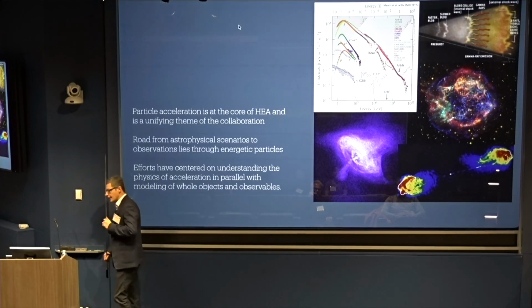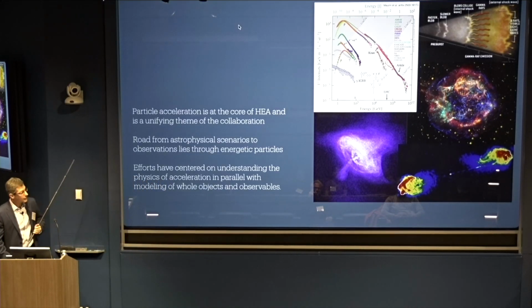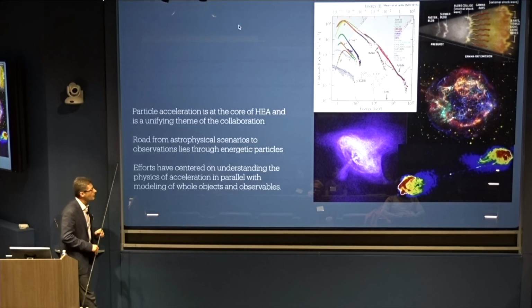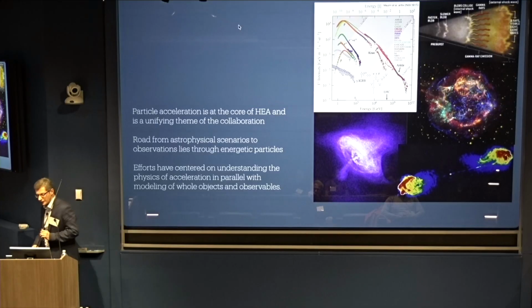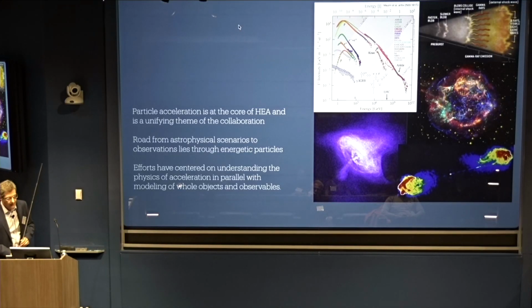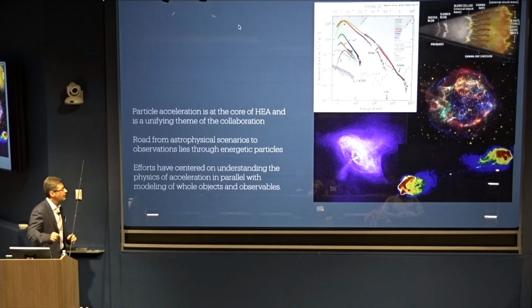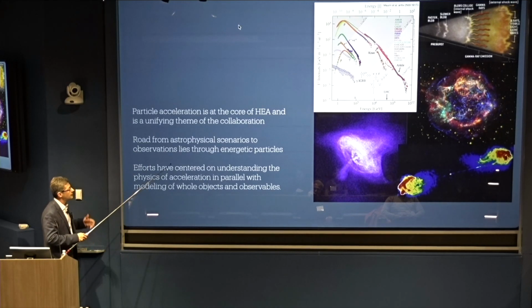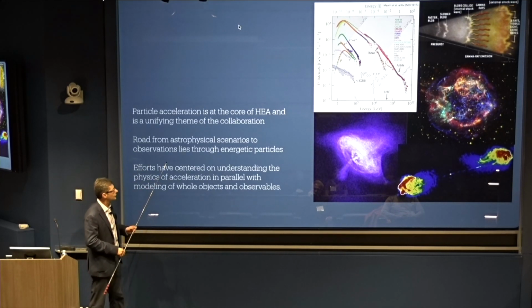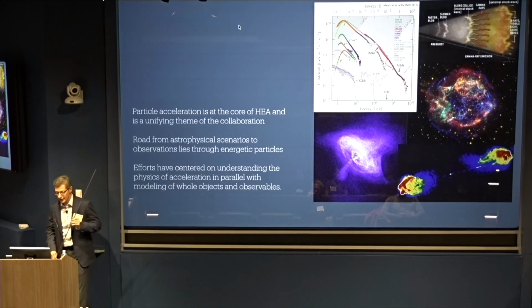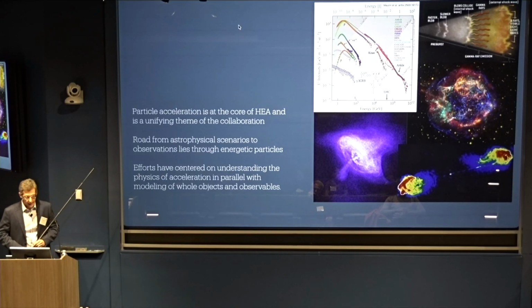And of course, extreme events like a gamma ray burst bring us a lot of high-energy photons. So something over there is accelerating particles quite efficiently, and the road from scenarios to observations is paved through the energetic particles. So we need to understand how to make those particles.